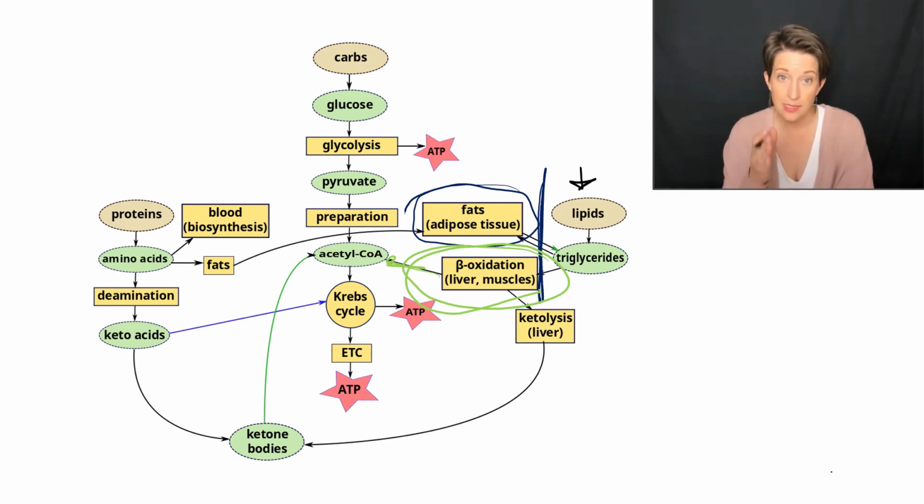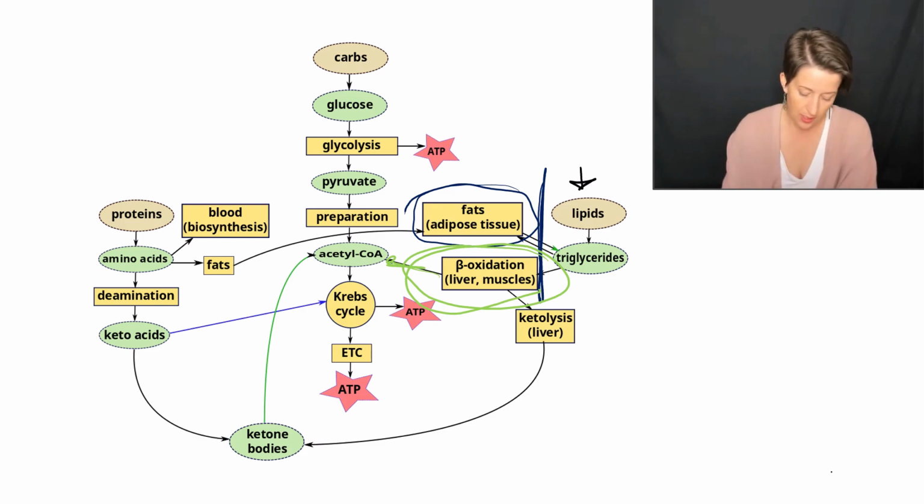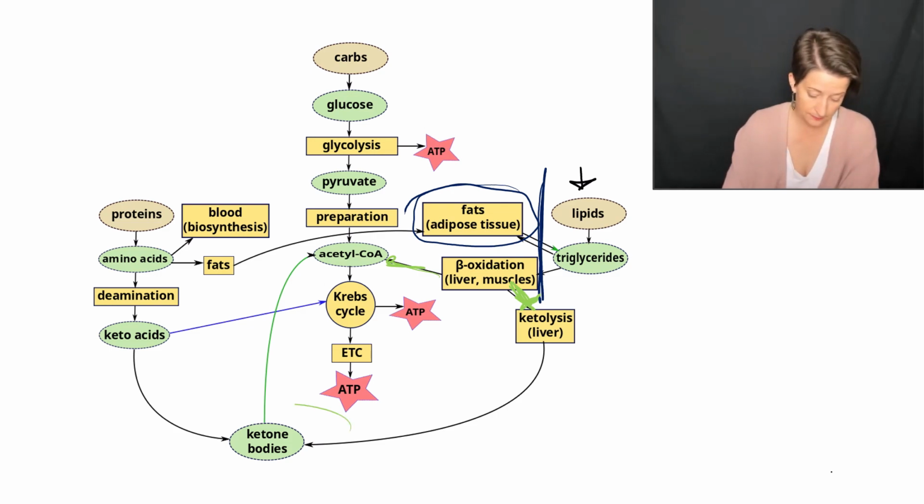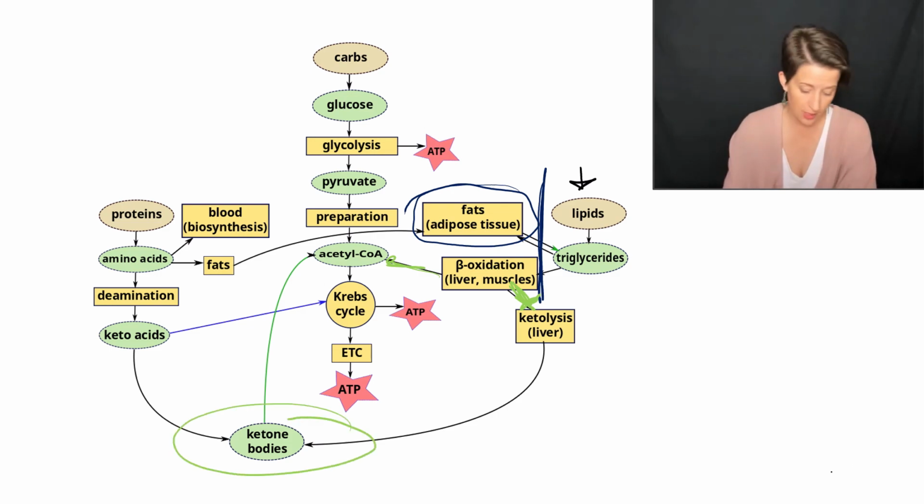So at some point, it's going to say, stop, we have enough. Then we are going to store those fatty acids in the liver, in the muscles. Once we get a shortage of that acetyl-CoA, especially in the brain, we can signal that ketolysis, where we make the ketone bodies for that quick jaunt to the acetyl-CoA, especially in the brain.